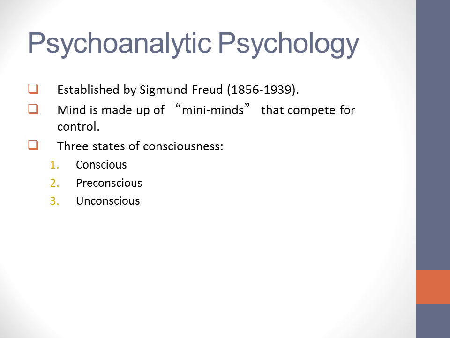And then between there is the preconscious, which is material that's not in our conscious but could be reached if we think deeply about it. But the unconscious is completely unconscious. It's not something that we can access, and yet it influences us. And so the unconscious is filled with impulses that are things that, at least in the Victorian times in which he was working, people weren't comfortable with dealing with, like sexuality.